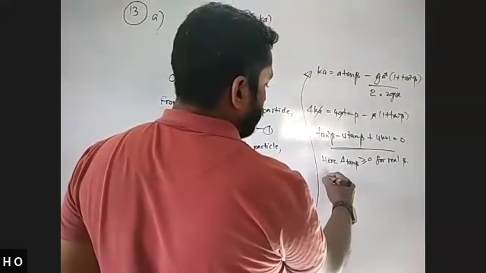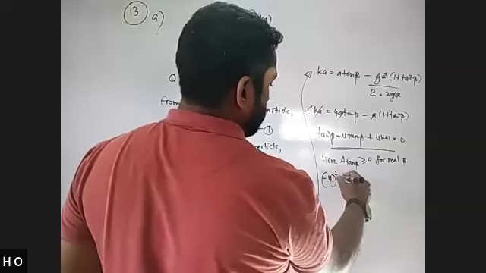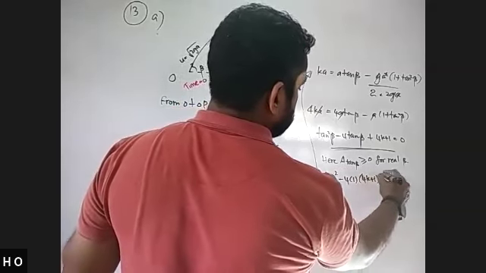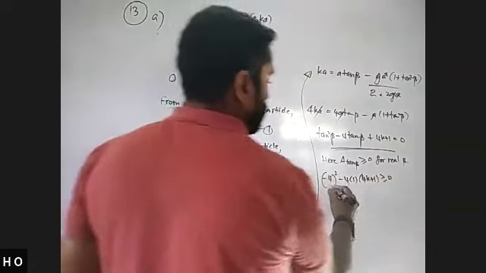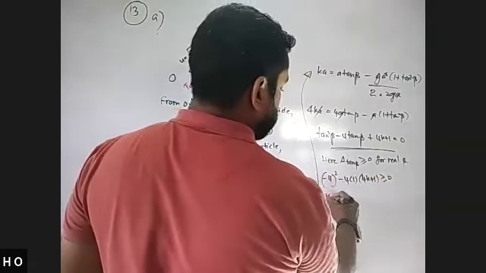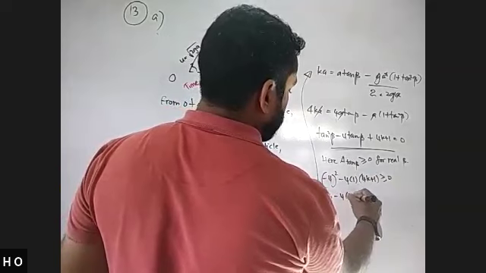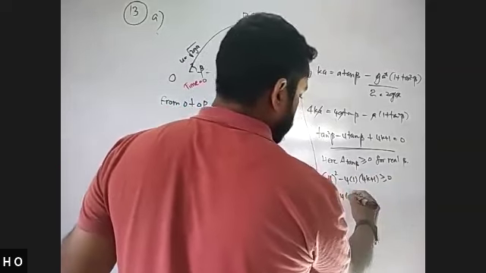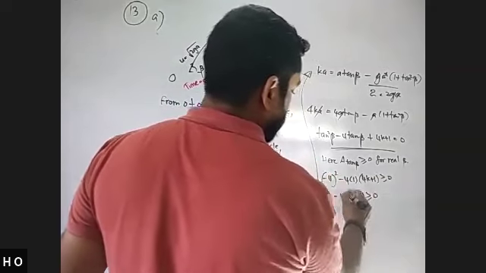So b squared minus 4ac should be greater than or equal to 0. So this is going to be 16 minus 4 into 4k plus 1, greater than or equal to 0.